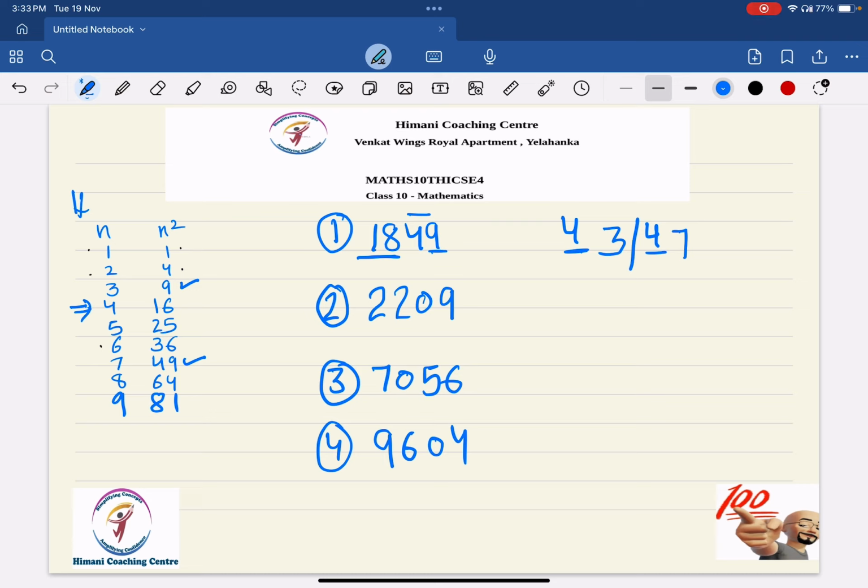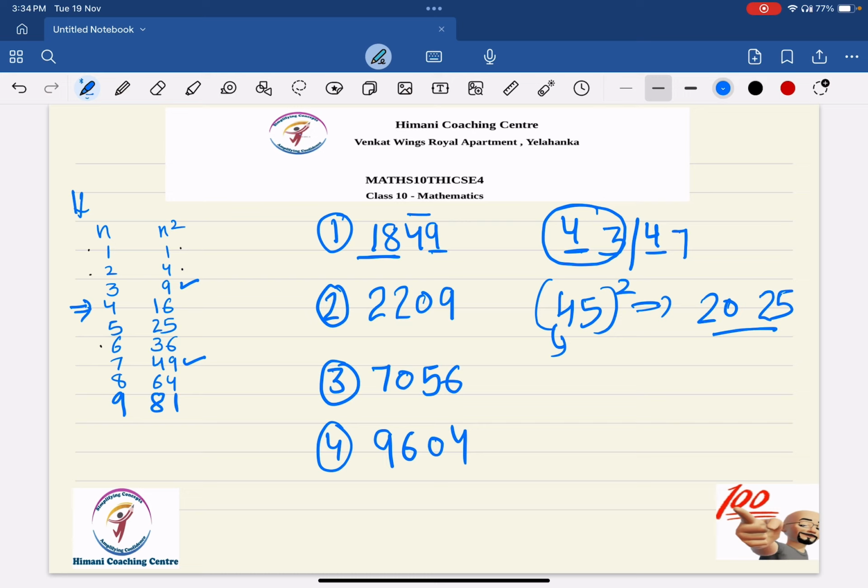So how do we know which one it is? For that, we will simply find 45 square, which is what I told you, the trick. 5 times 5 is 25 and 4 times 5 is 20. So 1849 is lesser than this, so the square root of 1849 is 43.